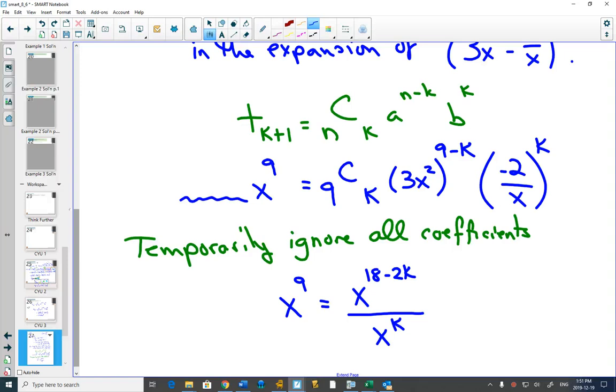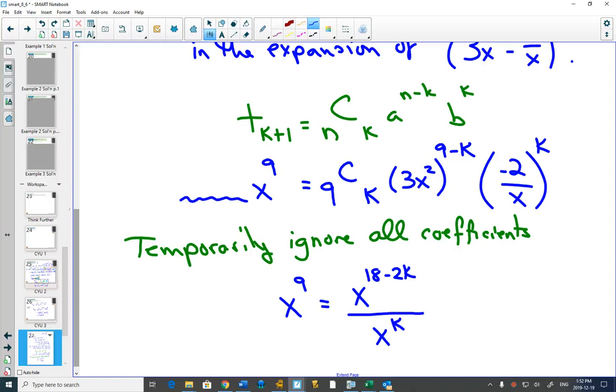It would sure be easier if they just had x's in one spot. You could figure it out right away. Using my exponent laws, (x²) to the 9 minus k becomes x to the 18 minus 2k, and x to the k on the bottom will just become x to the k. So this is just looking at my exponents and my powers.